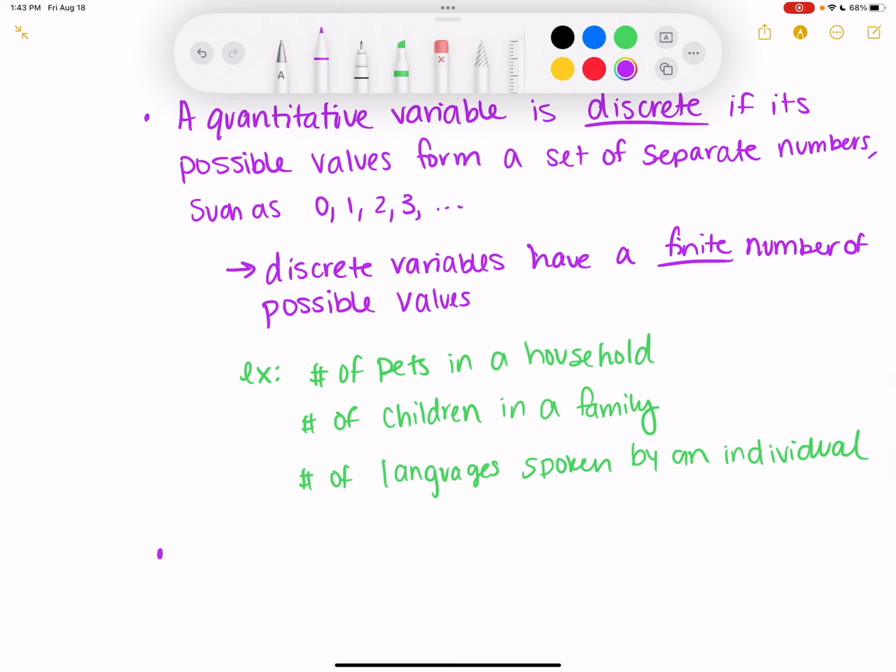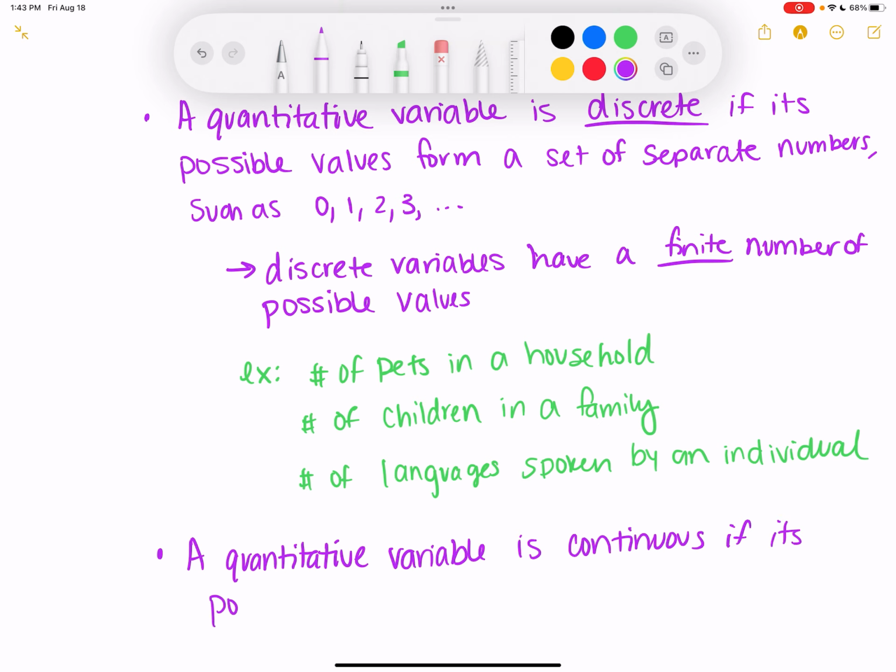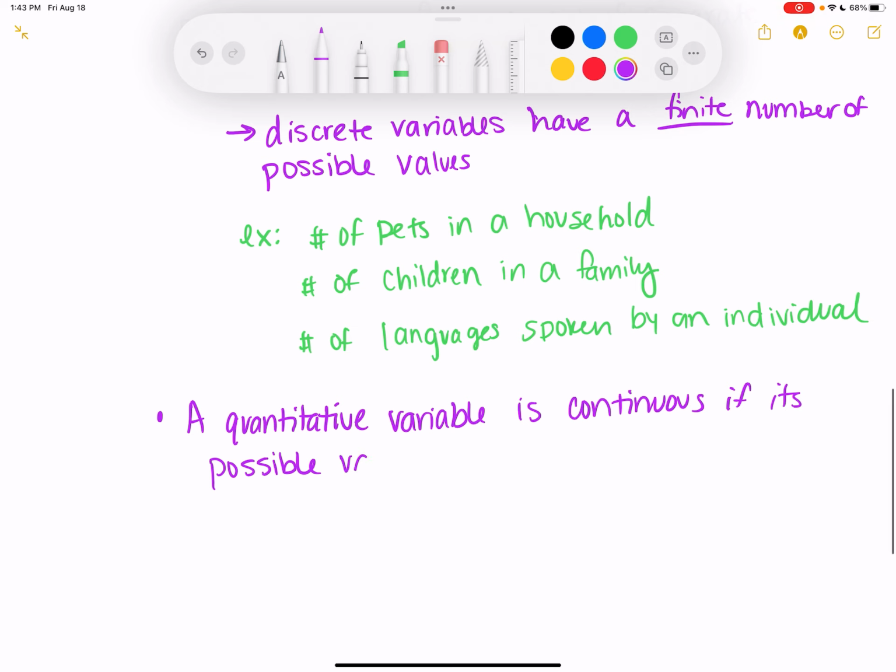So a quantitative variable is continuous if its possible values form an interval.